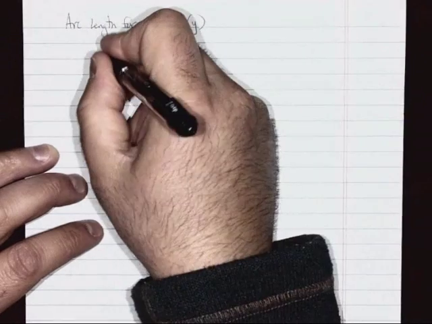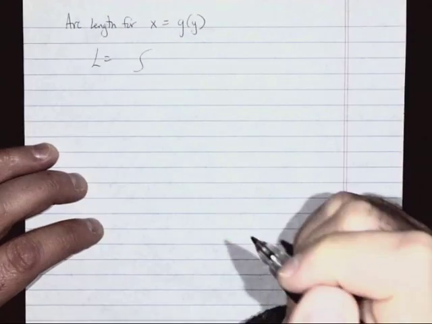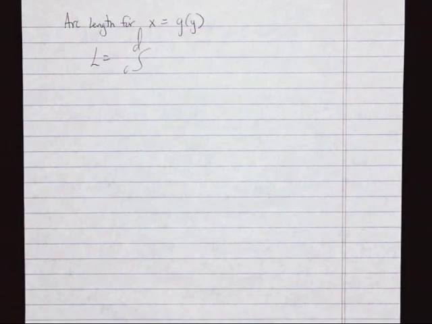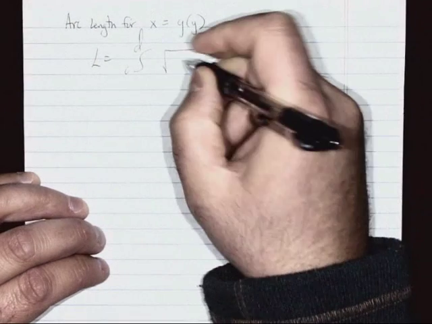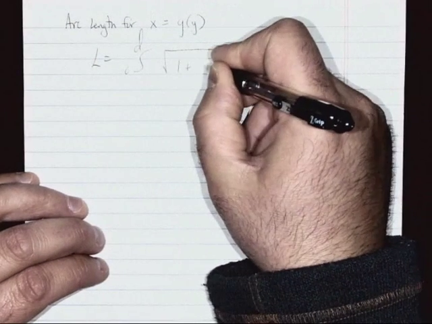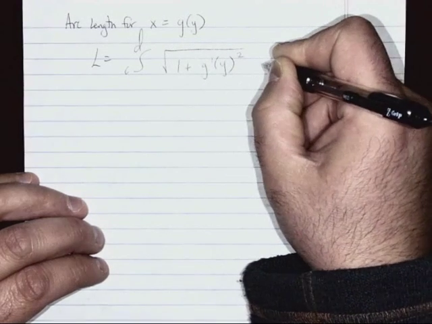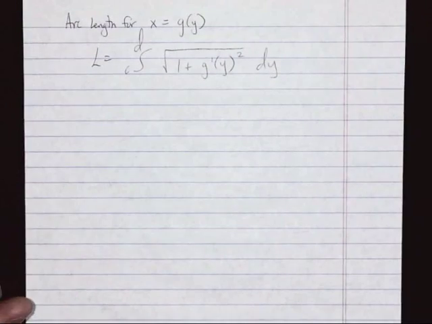Alright, so those a's and b's are going to change to c and d, and of course those are going to be our starting and stopping points in regards to the y coordinate. Okay. Square root of 1 plus g prime, so I need to solve my function for x and then take its derivative.